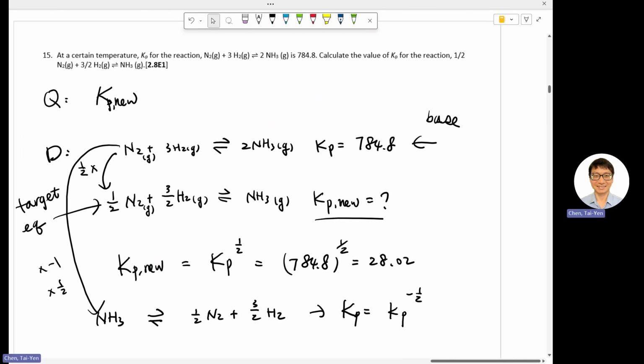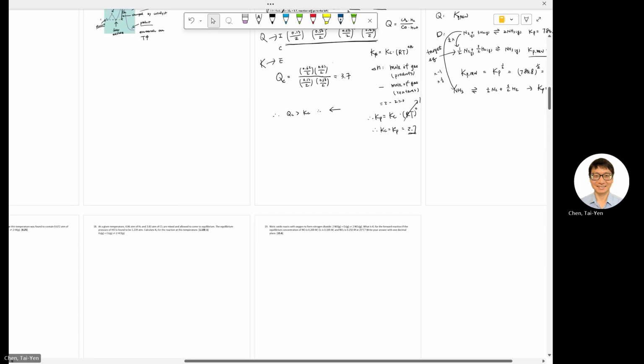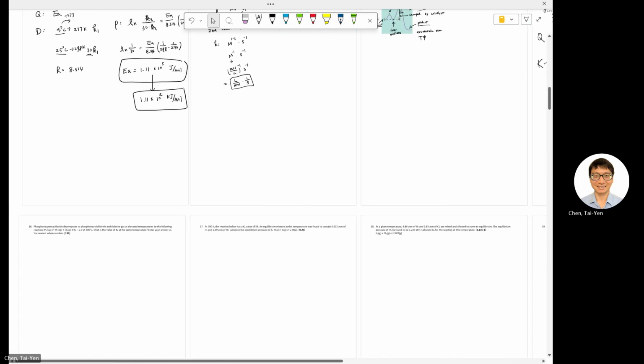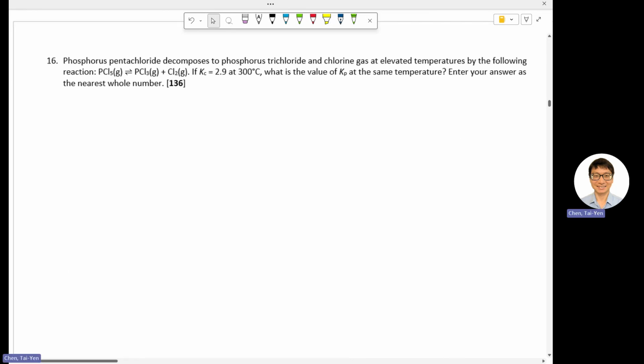All right, so let's see how you solve question number 15. Question number 16 says phosphorus pentachloride decomposed into phosphorus trichloride and chlorine gas at elevated temperature by the following reaction.